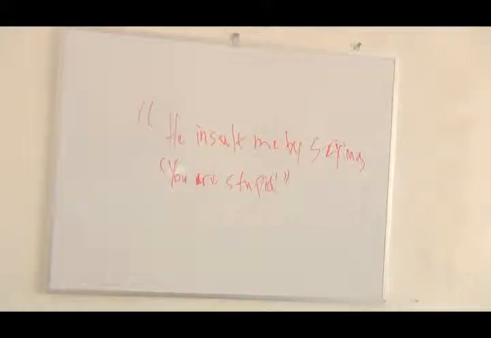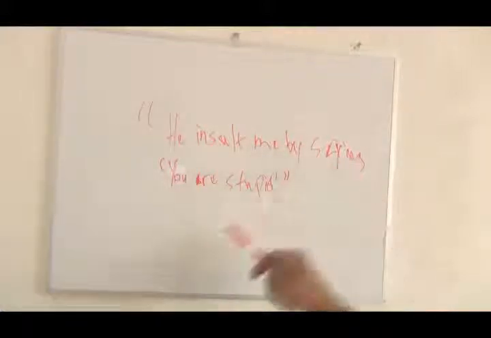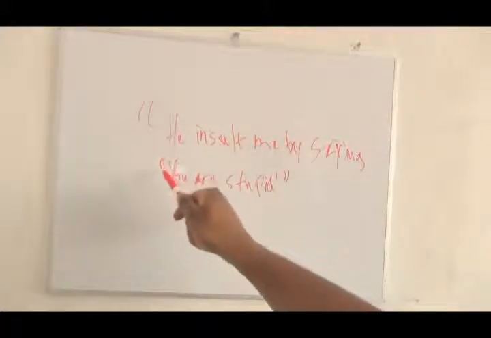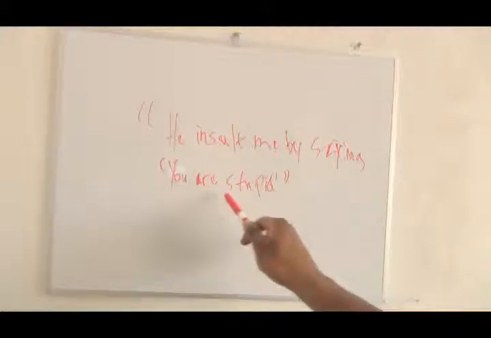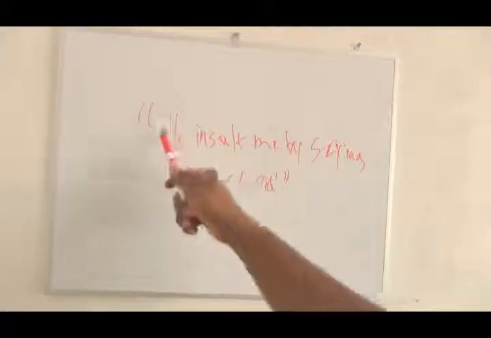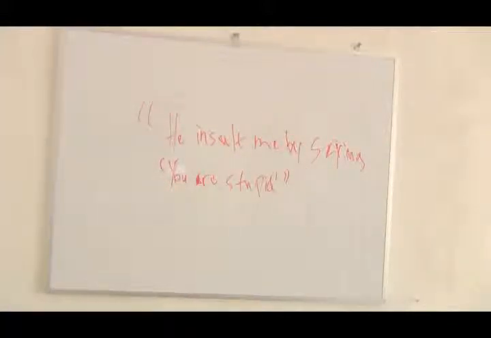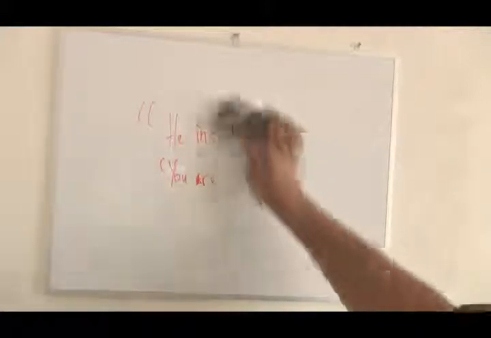Open quote, he insulted me by saying, apostrophe, you are stupid, close apostrophe, and then close quote, because you're quoting somebody that's quoting somebody. You understand? So that's another slick way in how you use commas and quotations, and things of that nature.